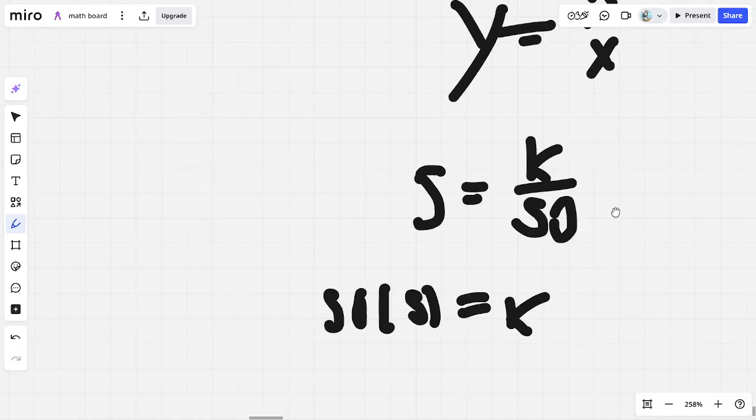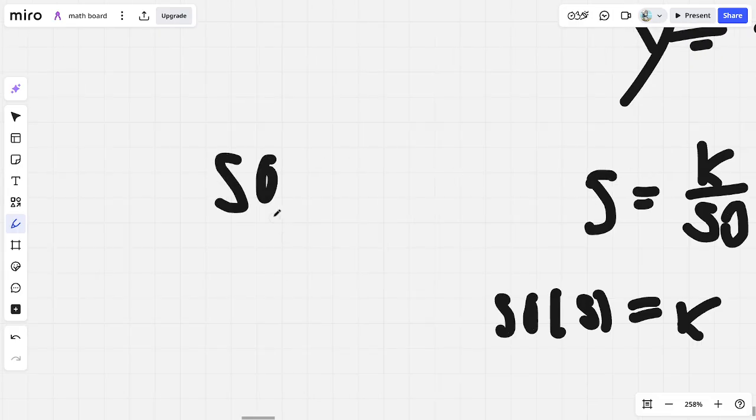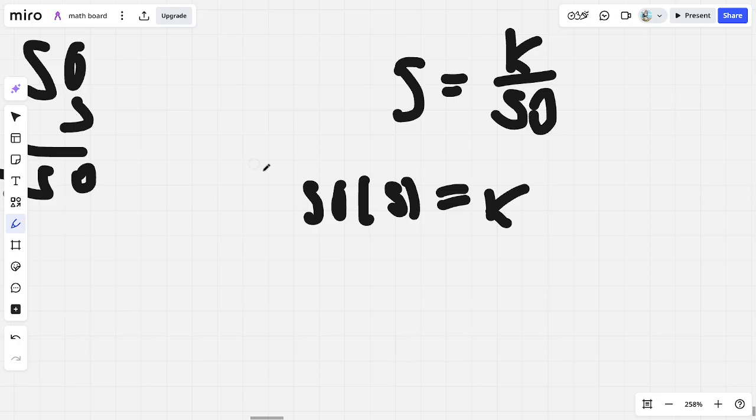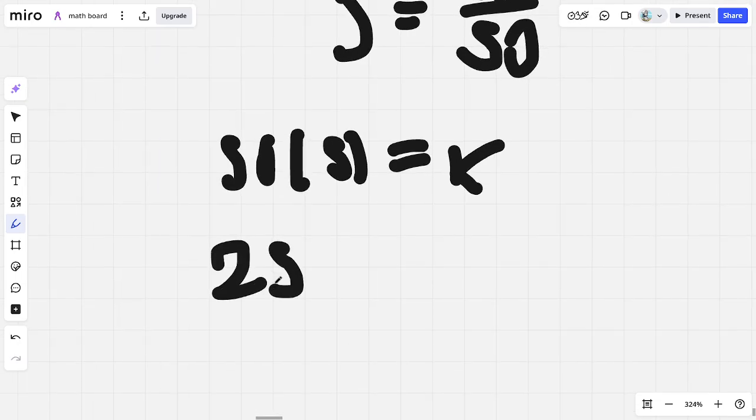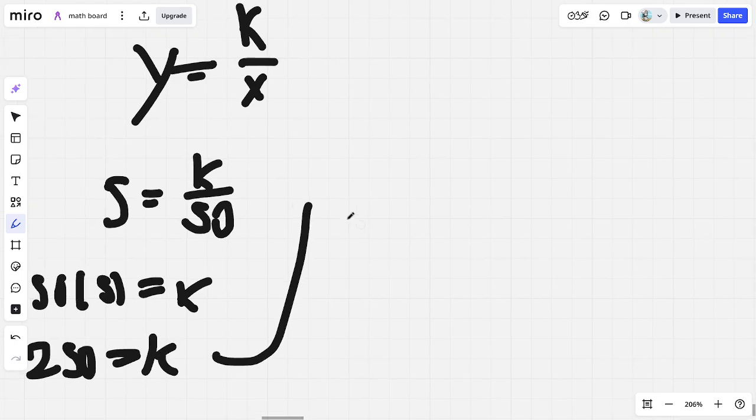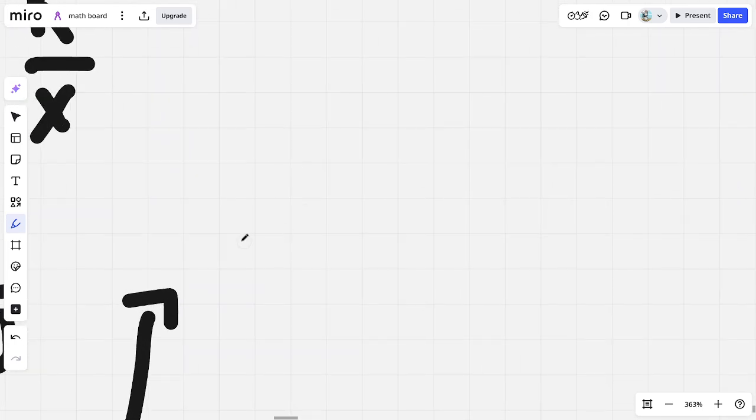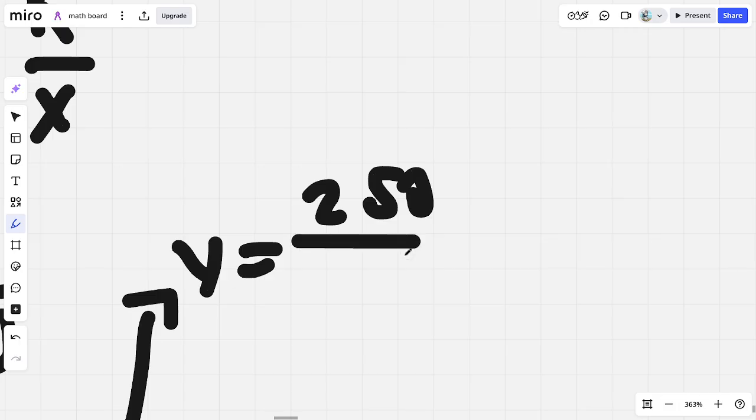And now I can make our equation. It's just going to be y is equal to 250 over x.